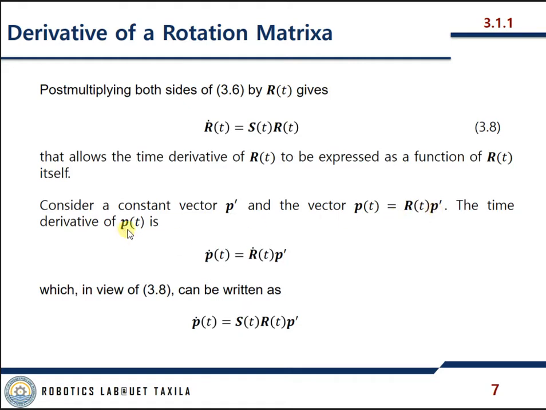The time derivative of P(t) is P dot, which is R dot P bar. In view of 3.8, this can be written as S of omega(t) times R(t) and P bar, where S is a skew symmetric matrix.